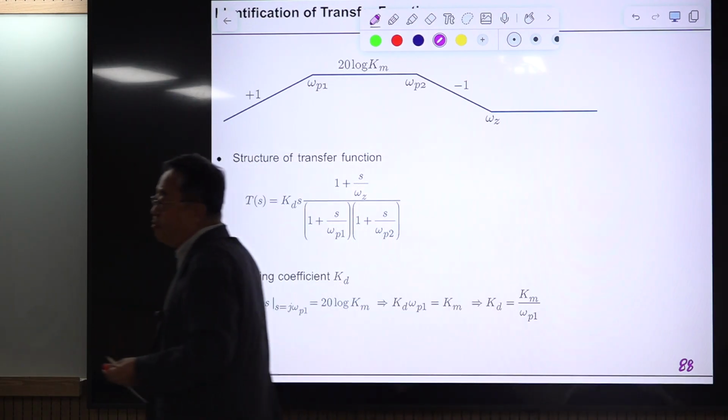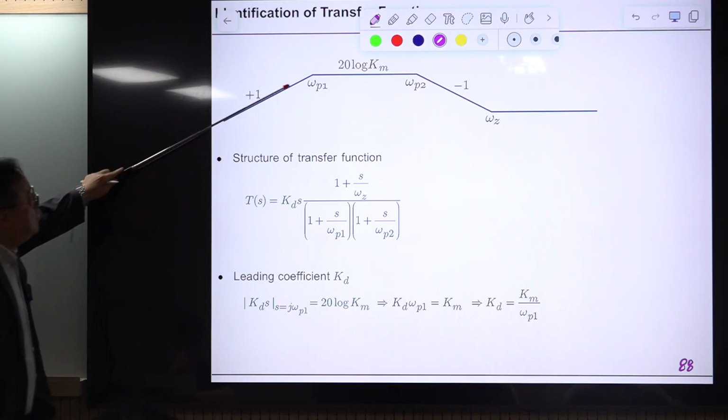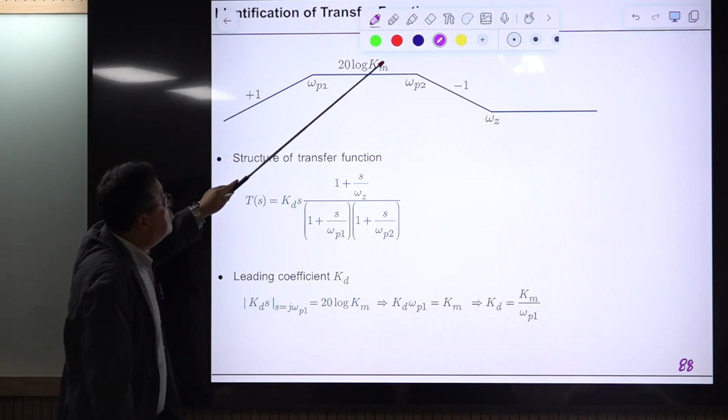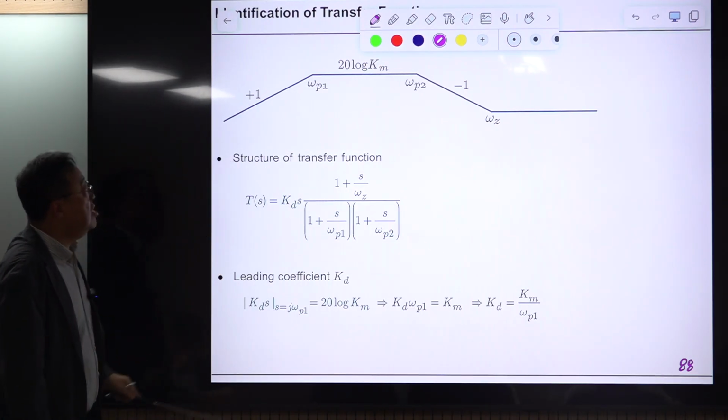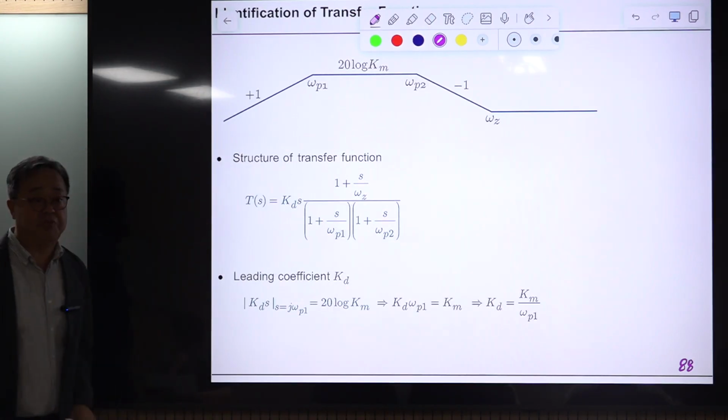And during that process, some need will arise. Suppose you have this kind of asymptotic plot, and from this plot, you need to extract the transfer function which corresponds to this asymptotic plot.